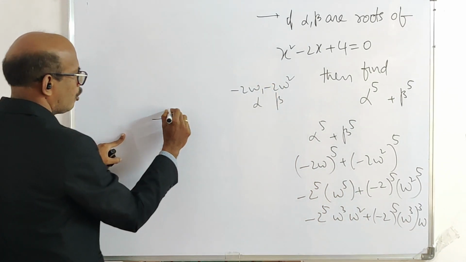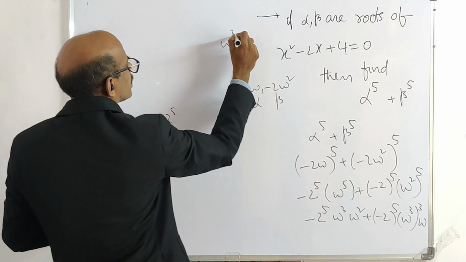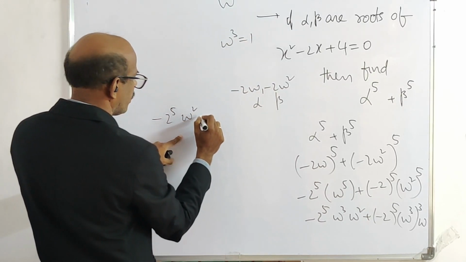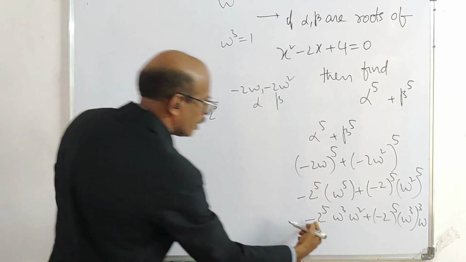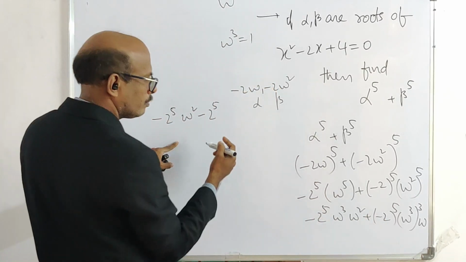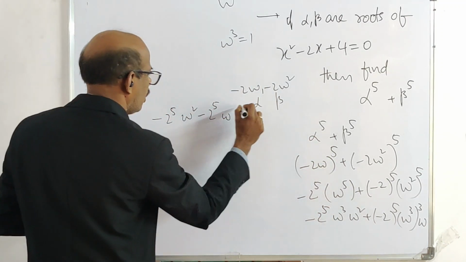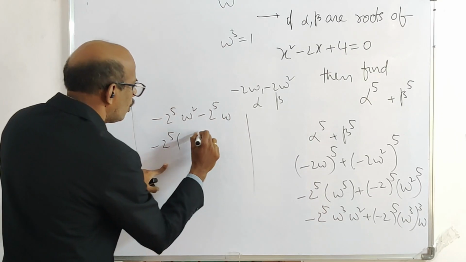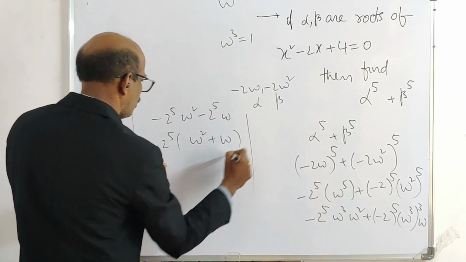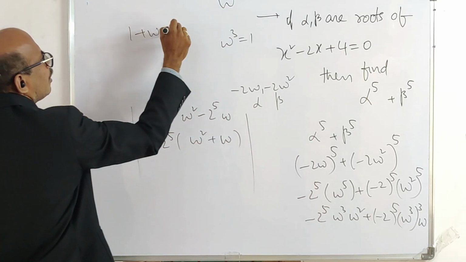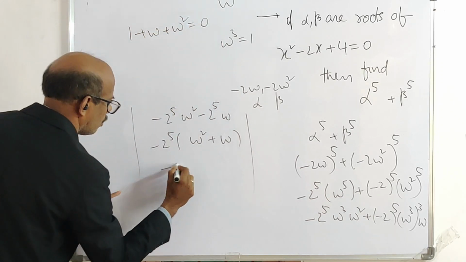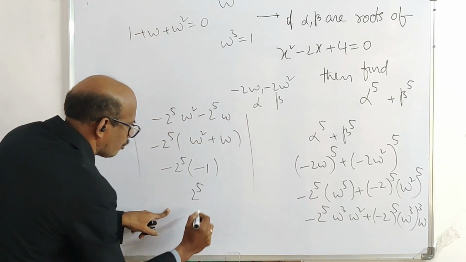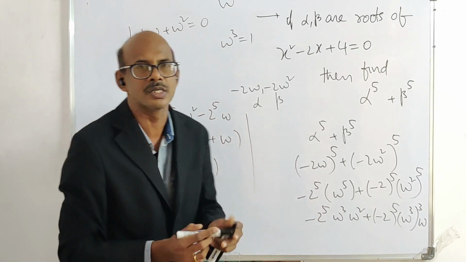We know very well omega cube is 1, the standard result with omega. So it will be omega square and it will be minus 2 power 5, it will be omega. The final simplification, if you take minus 2 power 5 common, omega square plus omega. We know very well 1 plus omega plus omega square is 0. So it will be minus 1. Therefore, it will be plus 2 power 5. I think 32 is the result.